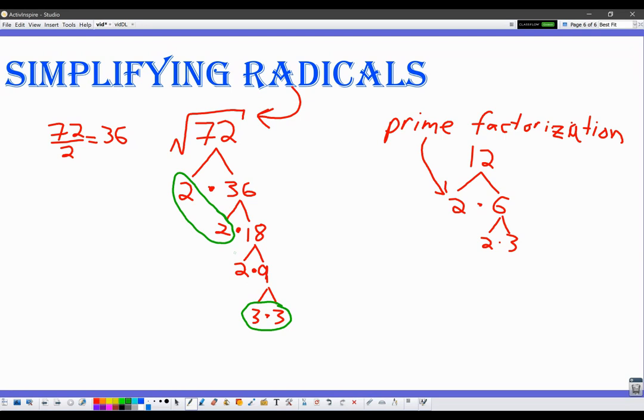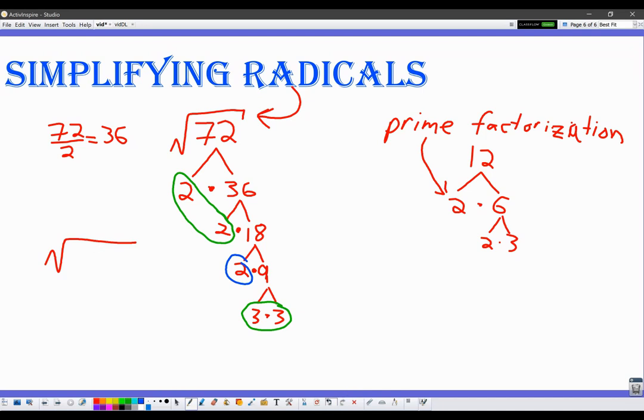So when we want to simplify our radical, I'm going to redraw our square root symbol, our radical. The number that goes inside is any numbers that were left out that don't have a pair, any of the prime numbers. So for example, this 2 right here was all by itself.